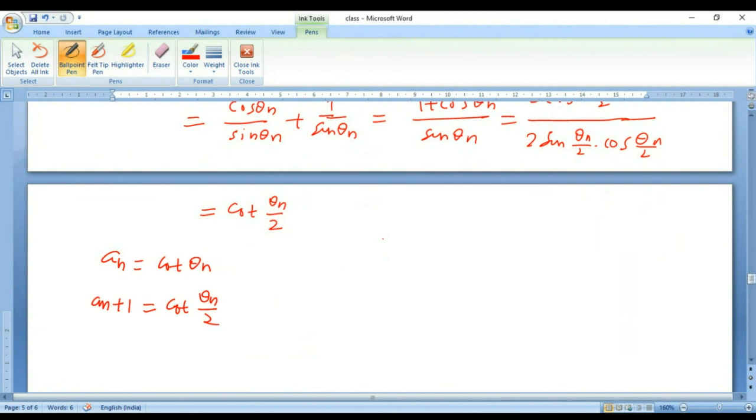So had I started with a naught is cot of theta naught, my a1 will become cot of theta naught over 2, because at each step the angle is halved. If you pass from an to an plus 1, your theta n changes to theta n over 2.